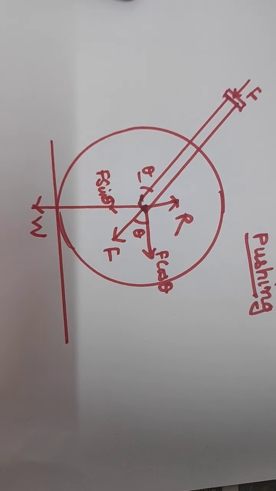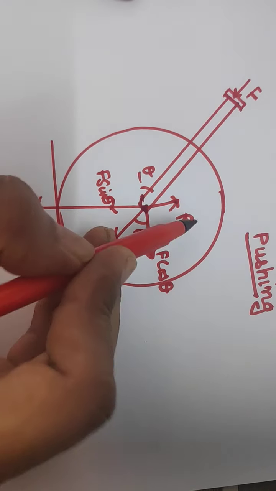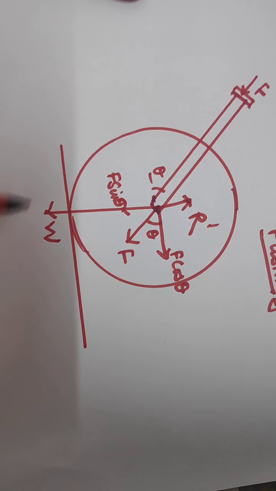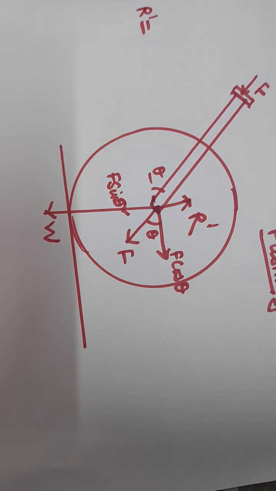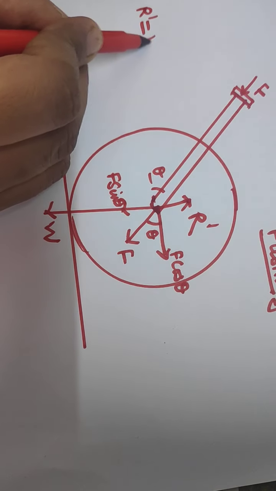and this is the reaction R. Okay, so suppose this is R dash, so we can say R dash equal to W plus F sin theta.